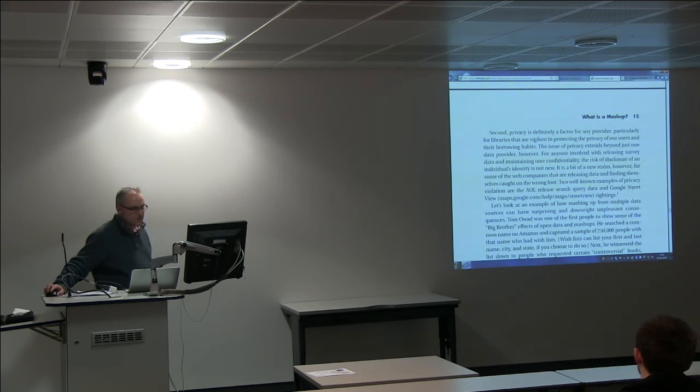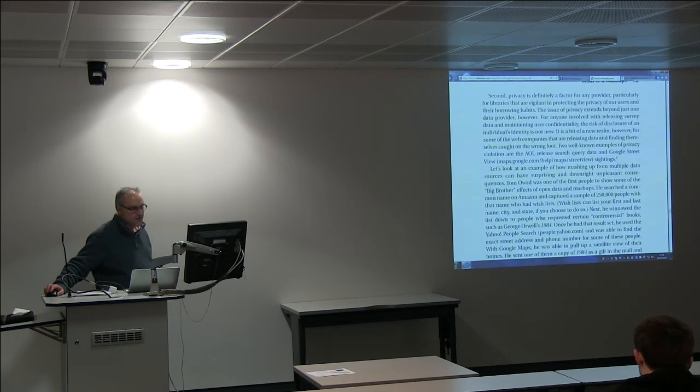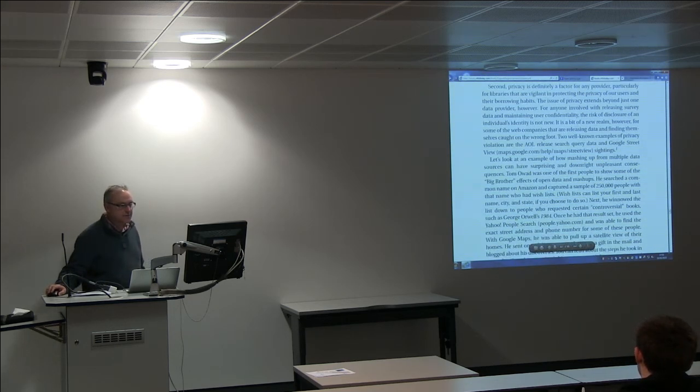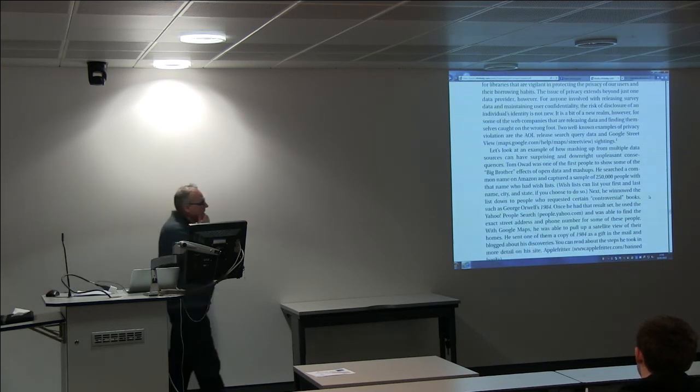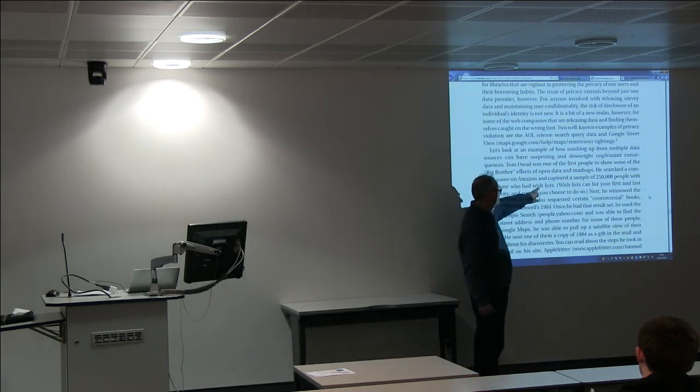There are two well-known examples of privacy violation. Tom Howard was the first to show some of the Big Brother effects. He searched for a common name on Amazon and captured a sample of 250,000 people with that name who had a wish list.